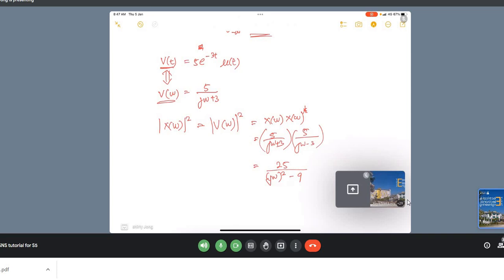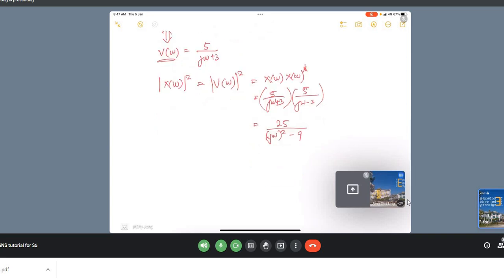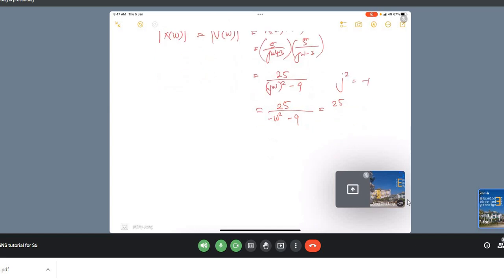Okay, if we know that j squared equals negative 1, there will be negative omega squared minus 9, or we can write it in another way, 25.